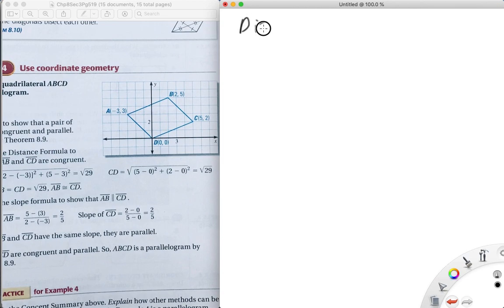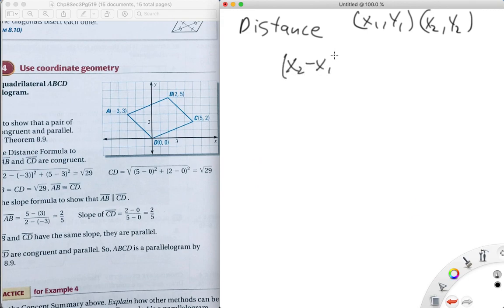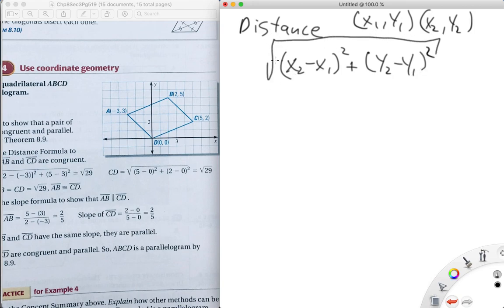To refresh your memory, because you might get a coordinate geometry one. Distance formula for some (x1, y1) and (x2, y2) is the square root of (x2 minus x1) squared plus (y2 minus y1) squared. That equals the distance.